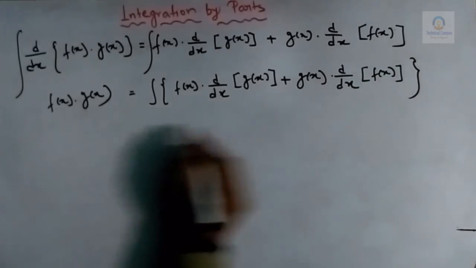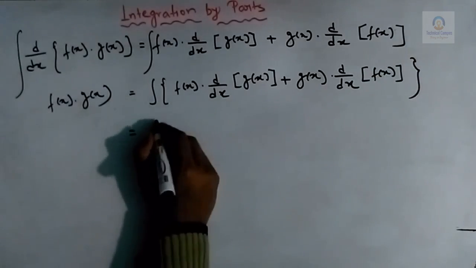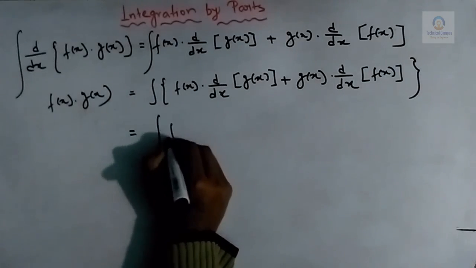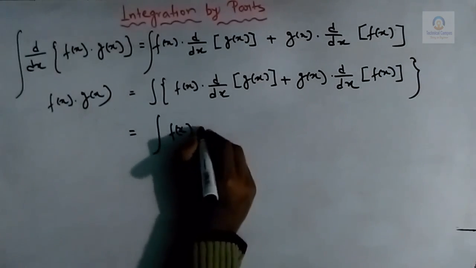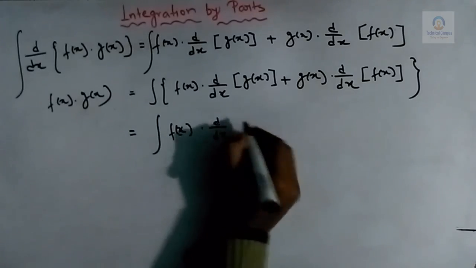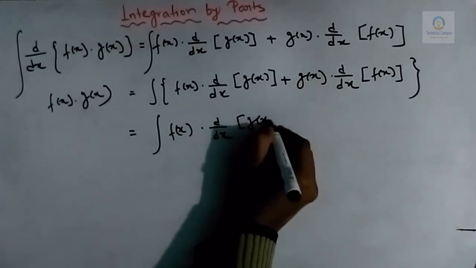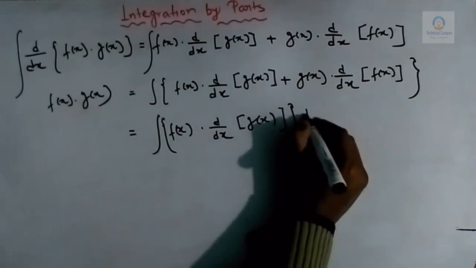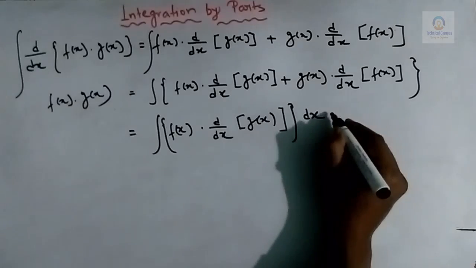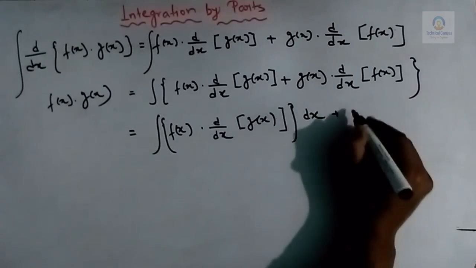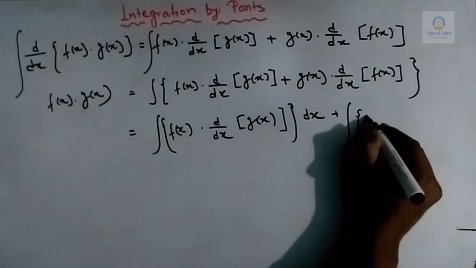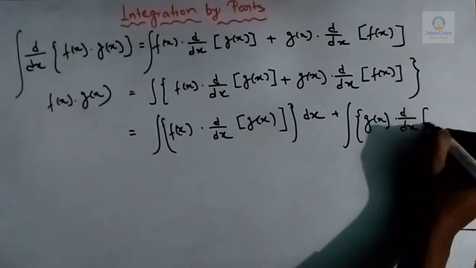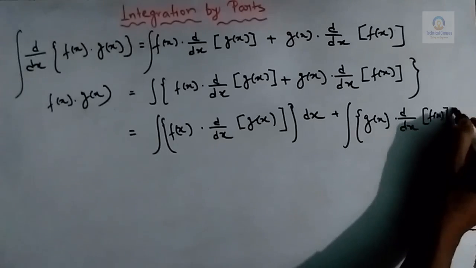Now if we separately write the integration of this function and this function, it will be the integral of f(x) into d/dx of g(x), and as this is a function of x, we have to write dx. For this function it will be the integration of g(x) into d/dx of f(x) into dx.